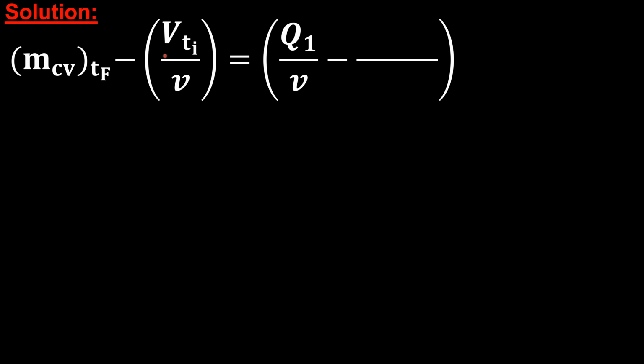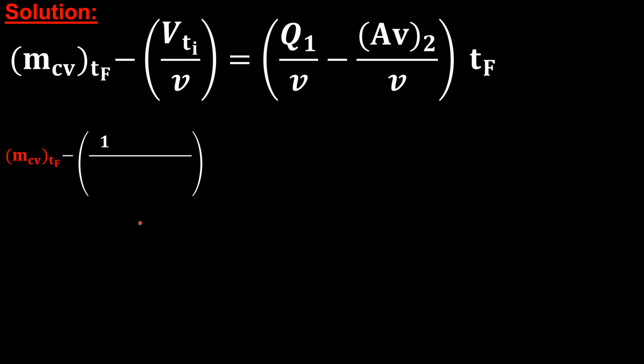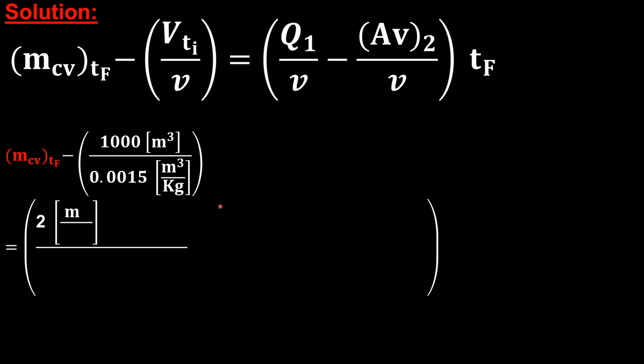So here we rewrote the equation that we did in the last slide again, and now we will plug in the given data so we can find the final mass. As you can see, in red is what we want to find.